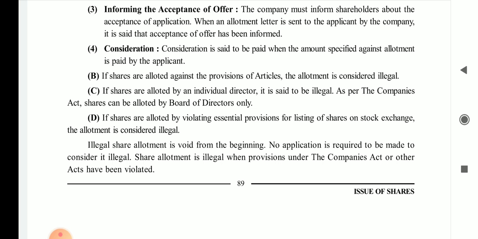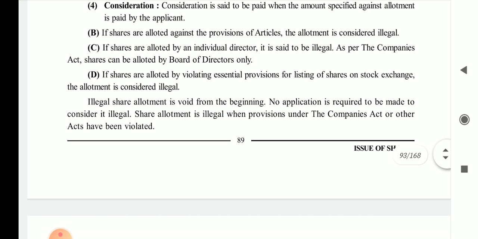A director cannot allot shares personally to any shareholder. Allotment must be done by a group, not by an individual or a secretary; otherwise it is known as illegal. As per the Companies Act, shares can be allotted by the board of directors only, meaning a group of directors; otherwise it will not be acceptable.